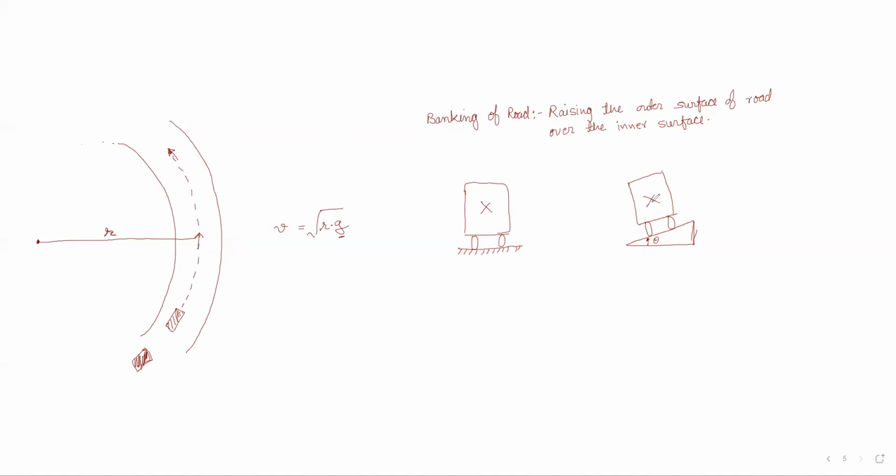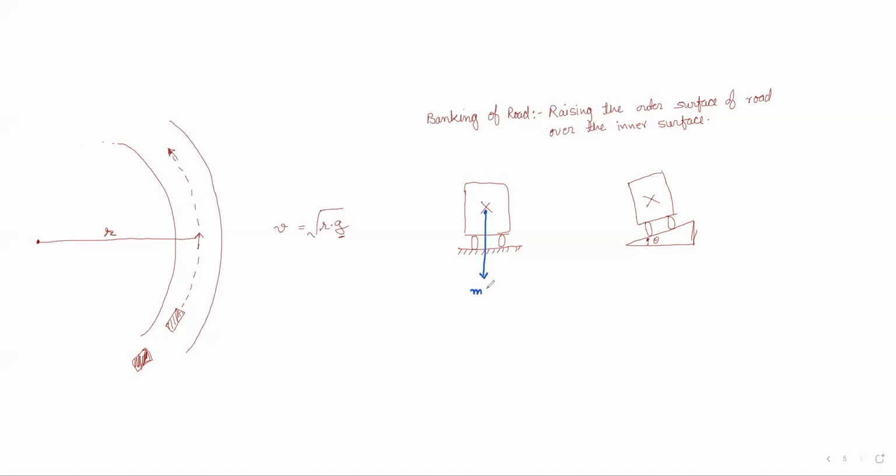Now, we know that when the situation was like this, the weight mg of this particular object was acting vertically downward.